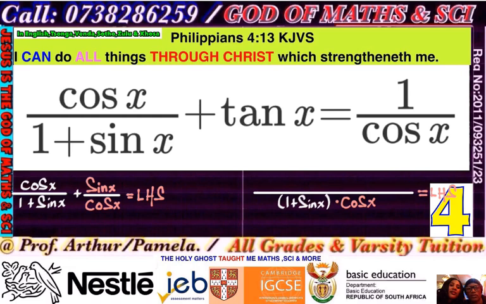Alright, so now that will times that, that will times that. So at the top, because you know your mathematics, you must have cos squared of x. And then that times that should give you plus sine of x, and then plus sine squared of x.